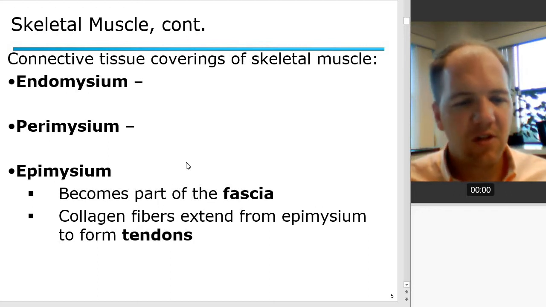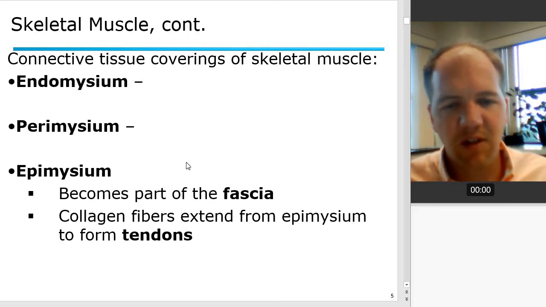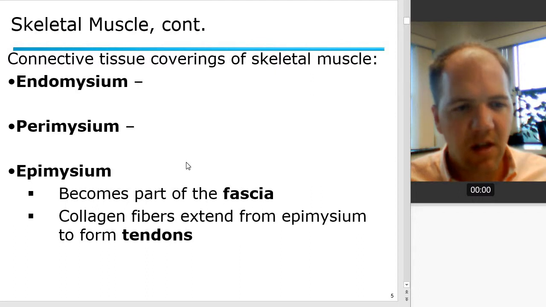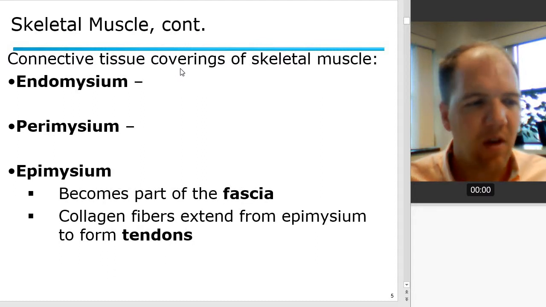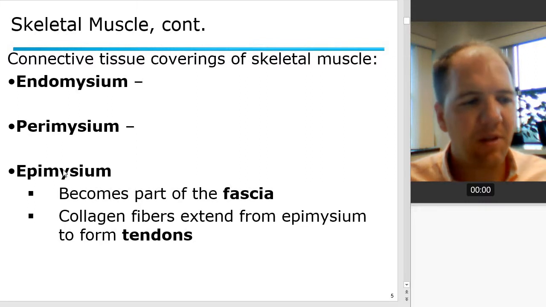As I said just a second ago, these muscle cells are long and very, very thin, but they are packed together. The way they're packed together is by connective tissues surrounding them. So we have the endomysium, the perimysium, and the epimysium.